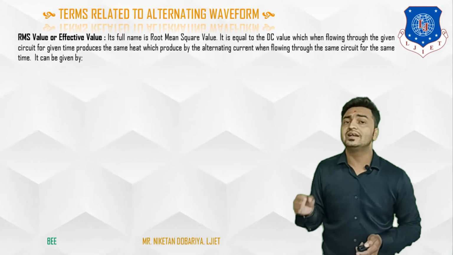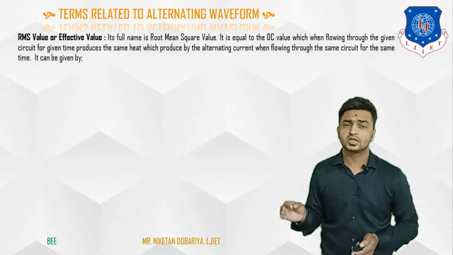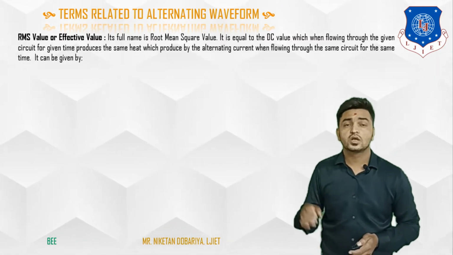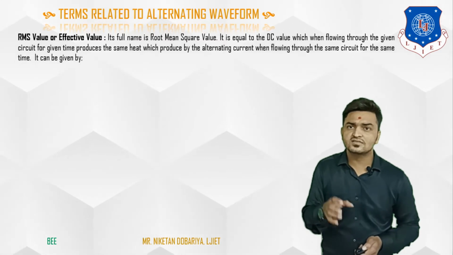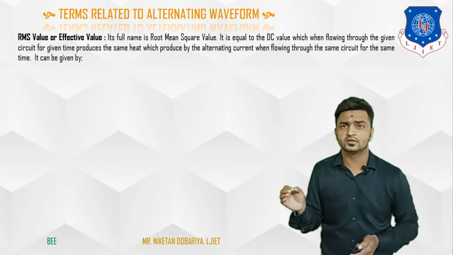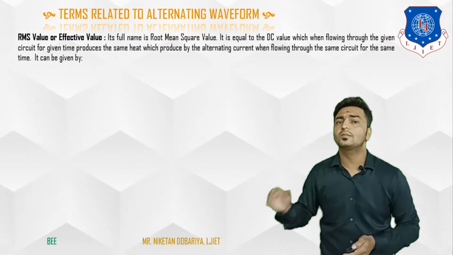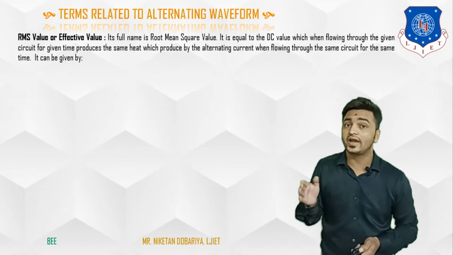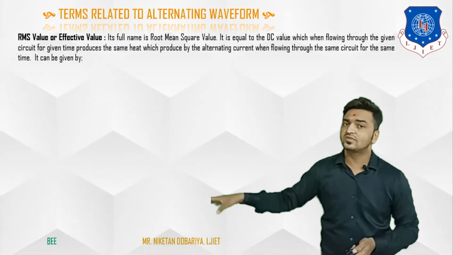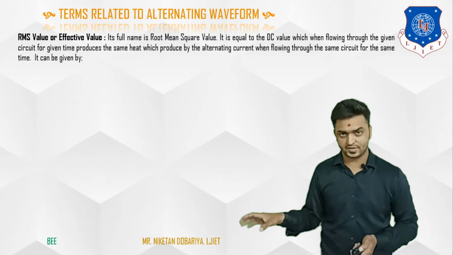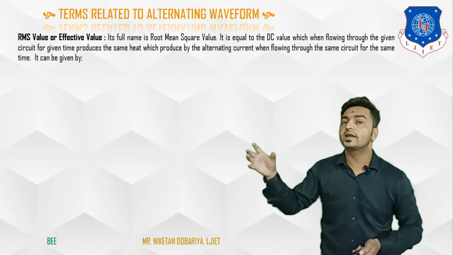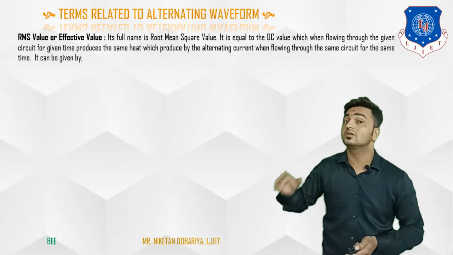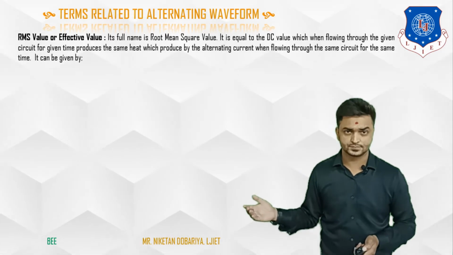The RMS value of an alternating quantity is equal to the DC value which, when flowing through the given circuit for a given time period, produces the same amount of heat which is produced by the alternating current when it is provided to the same circuit for the same time period. So that equivalent DC current or DC voltage defines the RMS value for AC voltage or AC current.